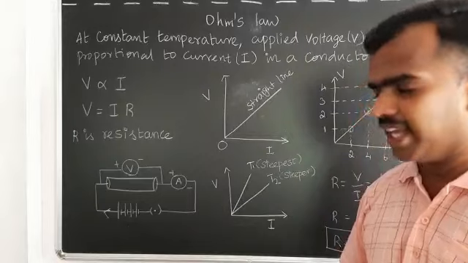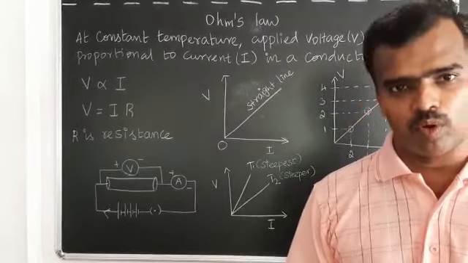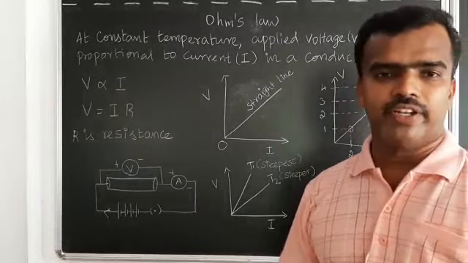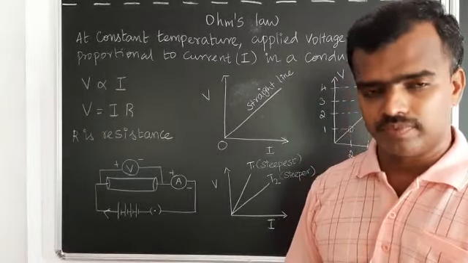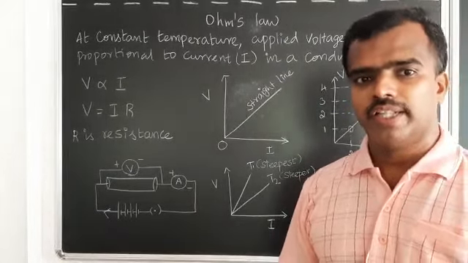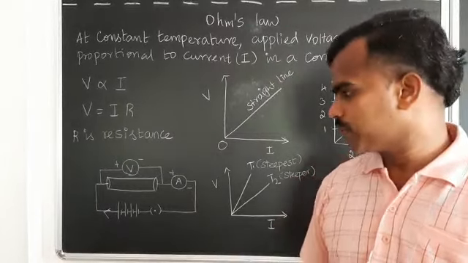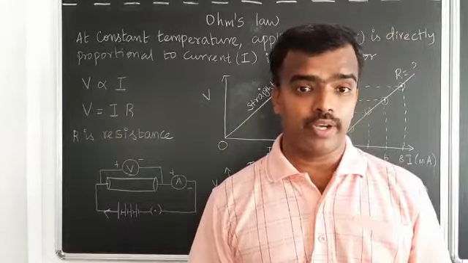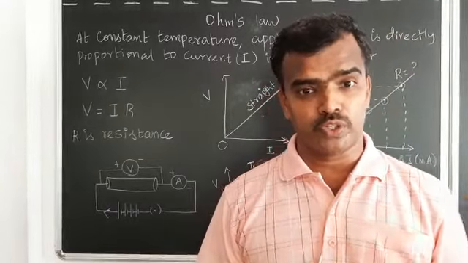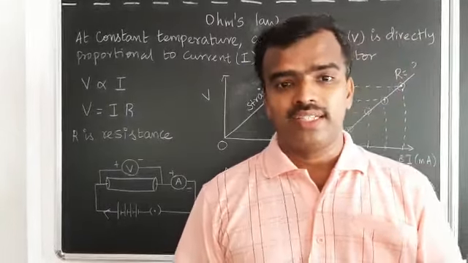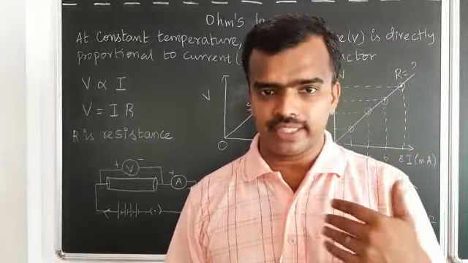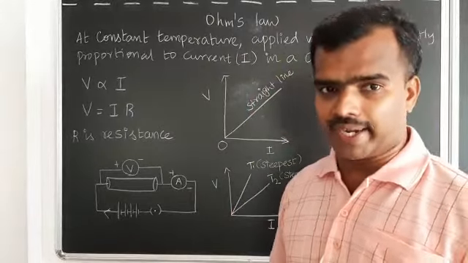Assume that each cell has 1.5 volt or 2 volt, right. So 1.5 into 4 cells, therefore it will give 6 volt. Otherwise, practically we will have a variable voltage regulator. From 0 to 12 volt we can regulate the voltage, just like a fan regulator. For that, the same battery can also be used practically.